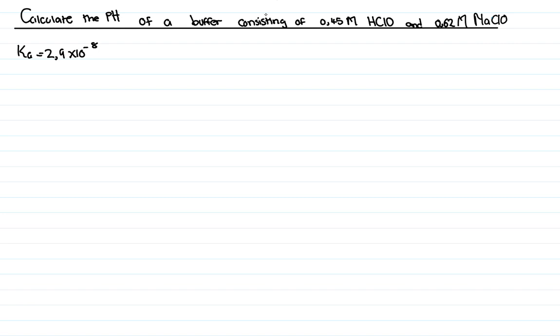So we're going to write the expression. So this is HClO aqueous plus H2O liquid, reversible reaction, and now we write that guy, sodium hypochlorite, and this is aqueous plus H3O.